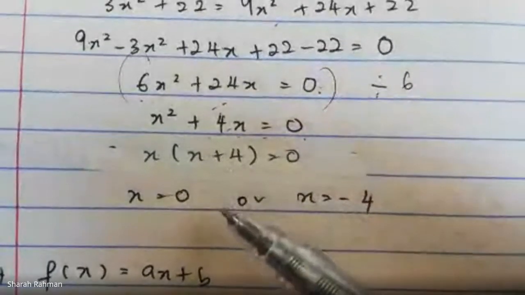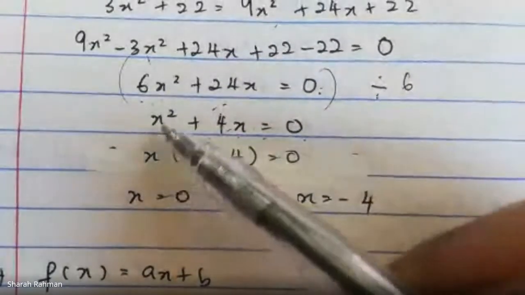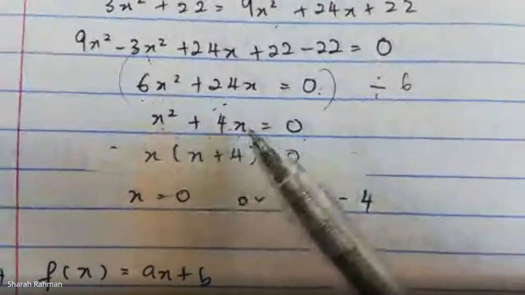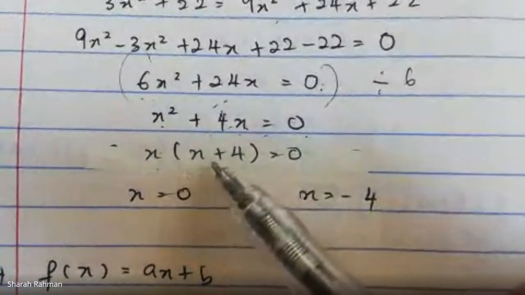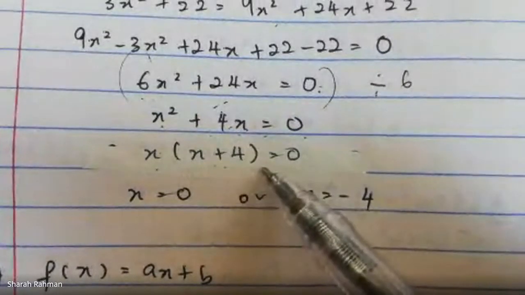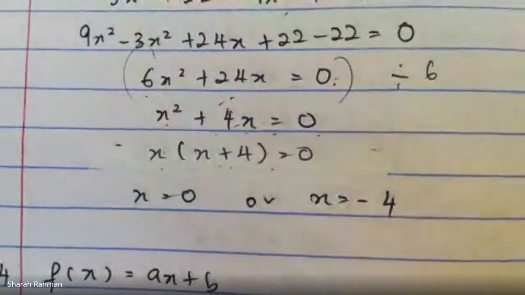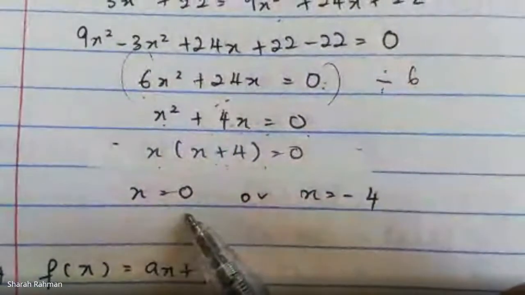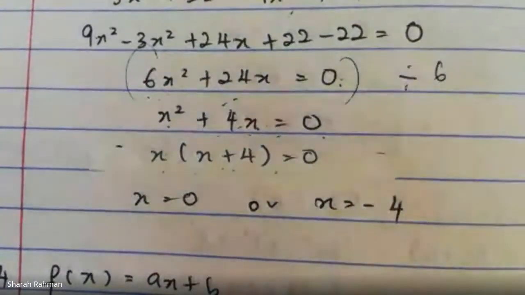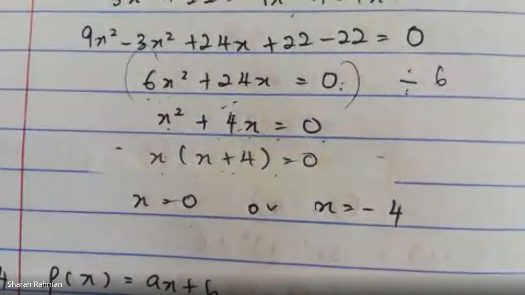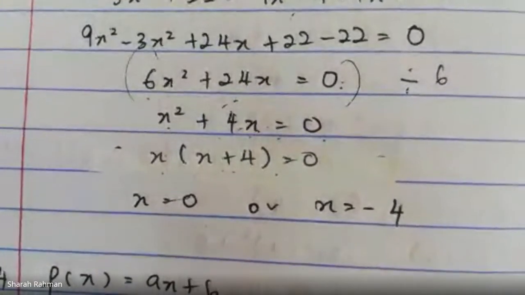Then we do the factorization. Okay, so factorization, here we have x squared, here we have x. So we factorize the x, we get x bracket x plus 4. Means here, this x, we have two values, which is x equals to 0 or x equals to negative 4. So next, Zulaika, is that okay? Clear?